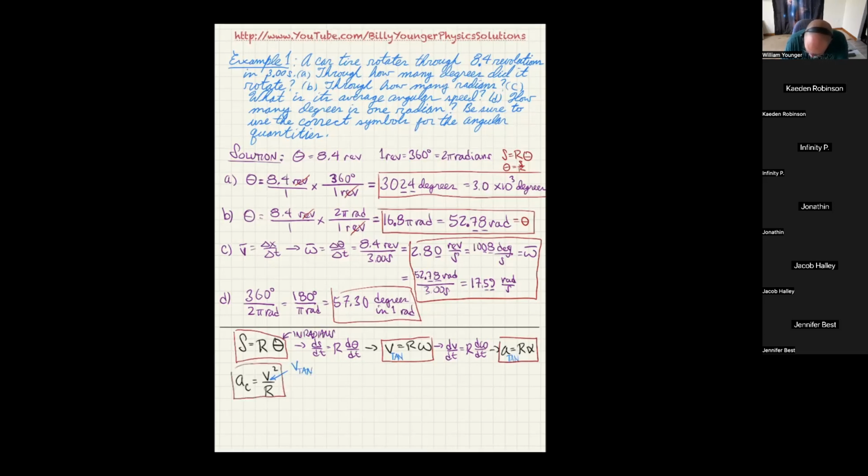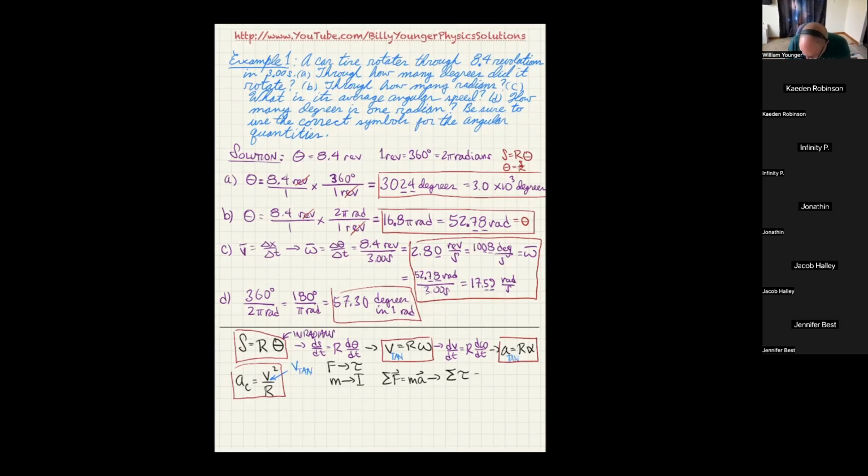The other parallels I mentioned, by the way, are, let's see, I did say M goes to I. So you might think that the summation of the forces is equal to M times A becomes the summation of the torques, because I also said F becomes that backwards cursive T, the tau.